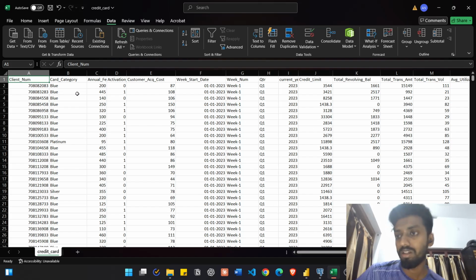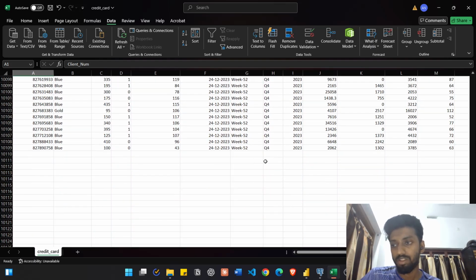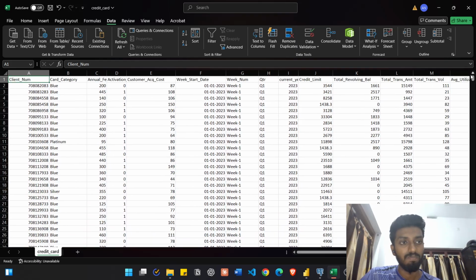This is the credit card CSV file. Both the credit card and the customer CSV files contain close to 10,000 records.